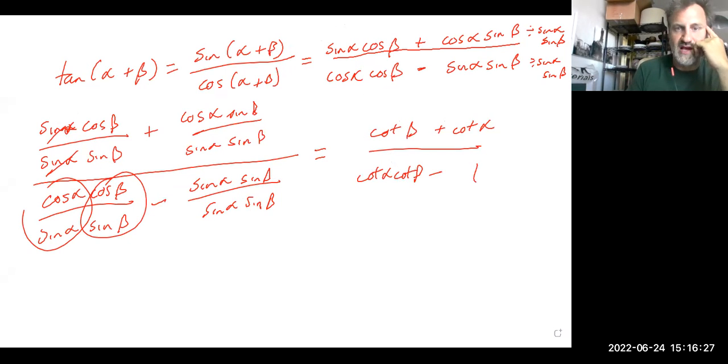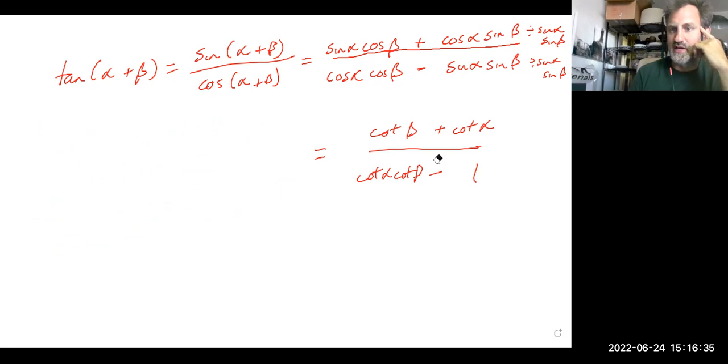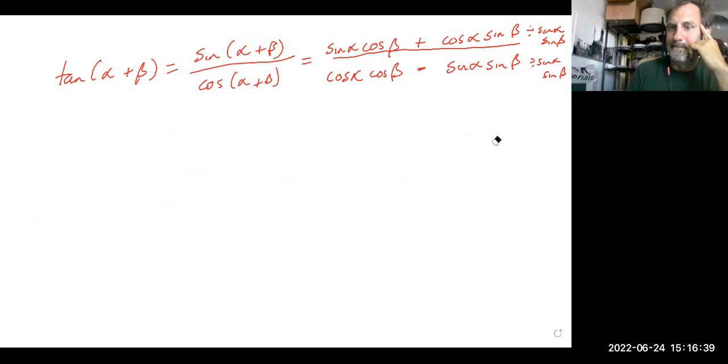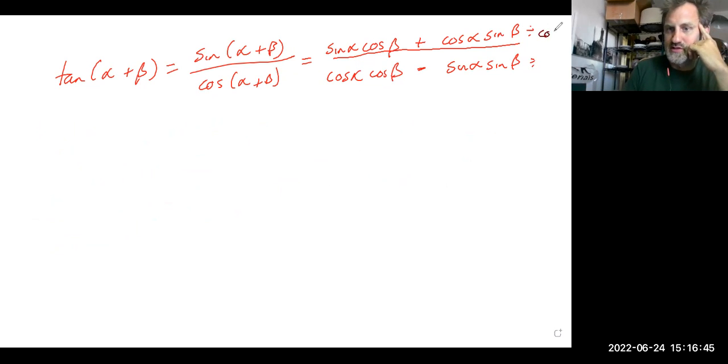So let's do the opposite and let's divide not by sine, sine, but by cosine, cosine, and I think we'll end up with a bunch of tangents. So we're going to divide by cosine alpha, cosine beta, top and bottom.